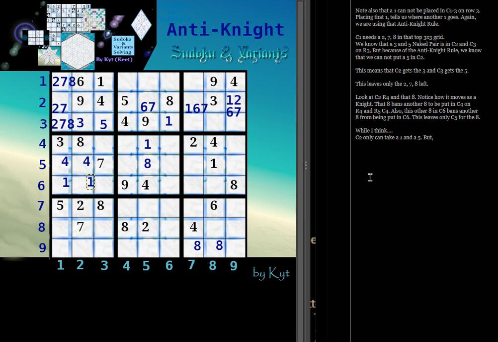But row 7 has a 5, meaning we cannot put a 5 in that bottom 3 by 3 grid.